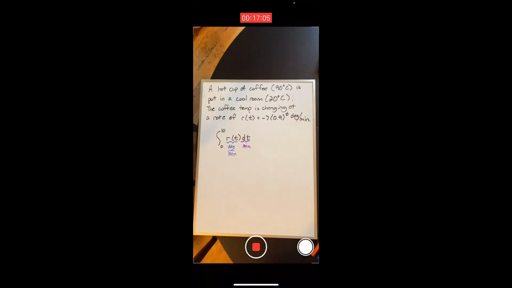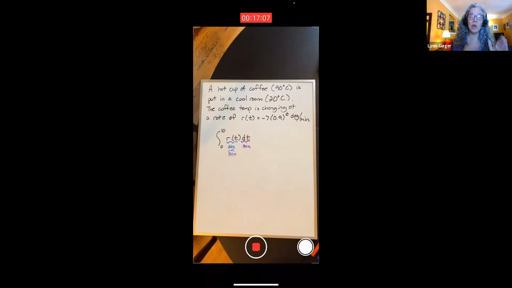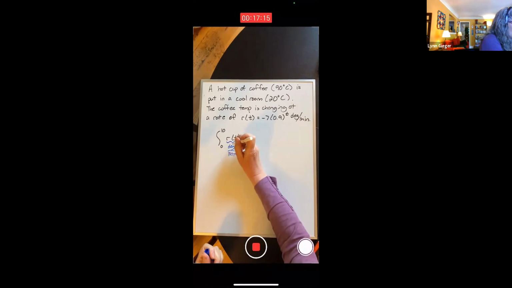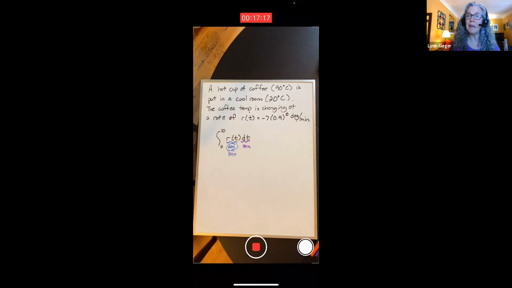Degrees per minute. Actually, it's just degrees. It's the total change in degrees between t equals 0 minutes and t equals 10 minutes. Once we've done that cancellation, our answer is just going to be in degrees. How many degrees did the coffee temperature go down? So let's put that here.